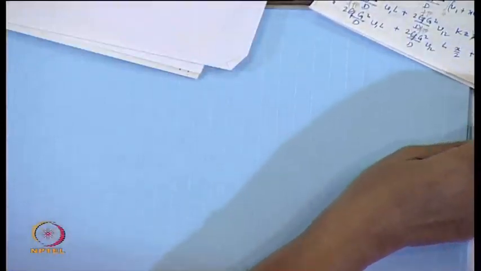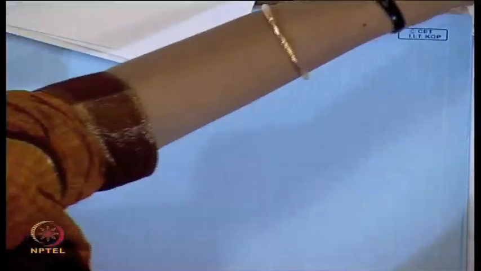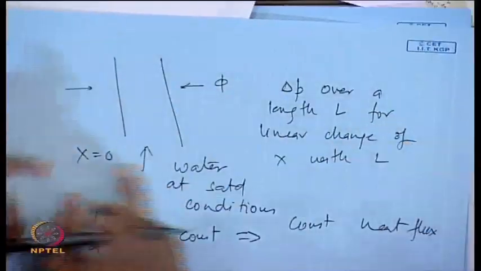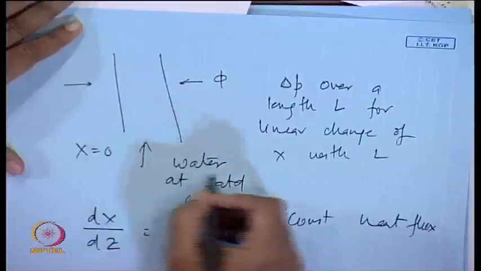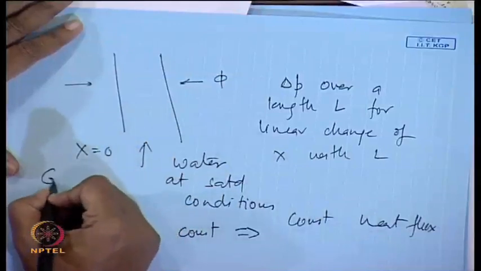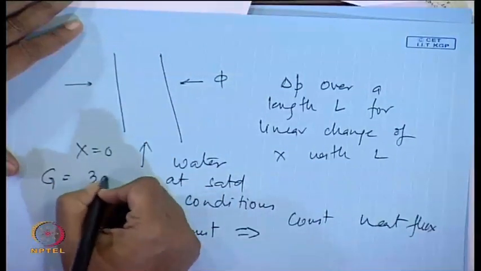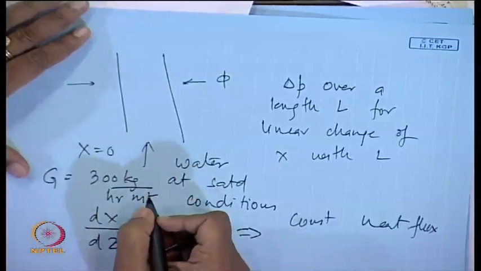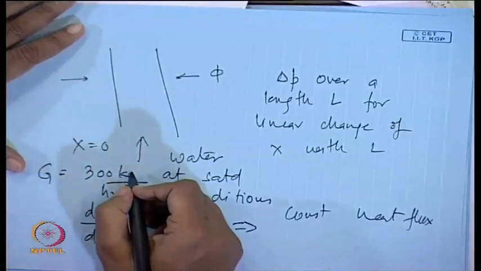In fact, I will give you certain values so that you can work out the problem. Say, for example, in this particular case, the water at saturated conditions, the G, let me put it as 300 kg per hour meter square, so that you can actually put values and work it out.